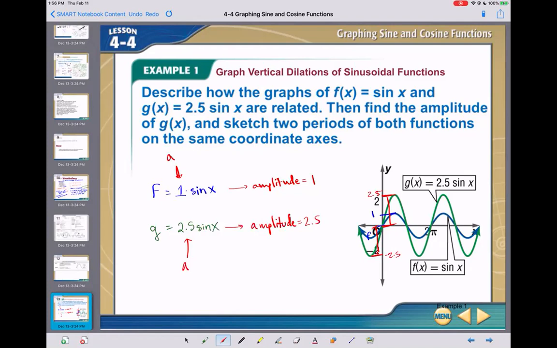Distance we normally calculate as positive, and so amplitude means it goes up 2.5 and down 2.5. That's one of the things that a lot of students get confused on, but that would be the amplitude.